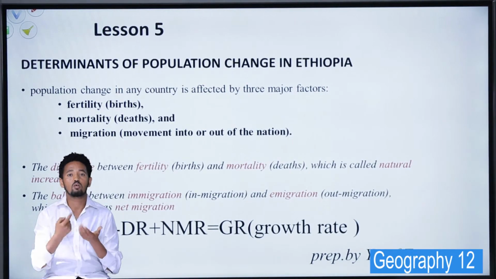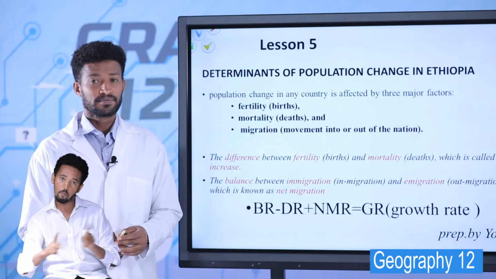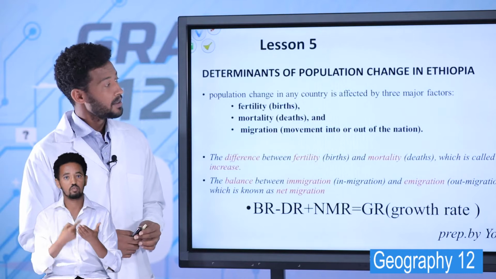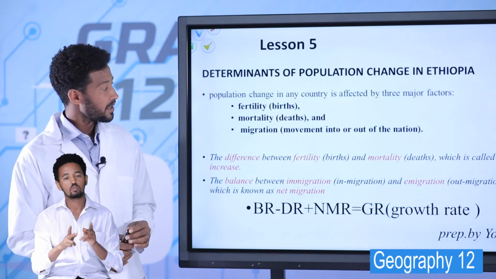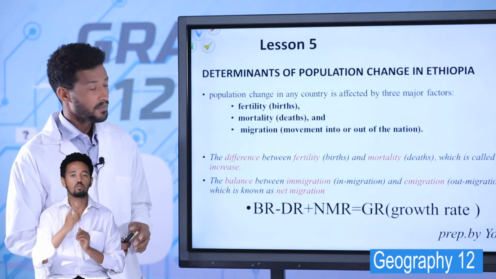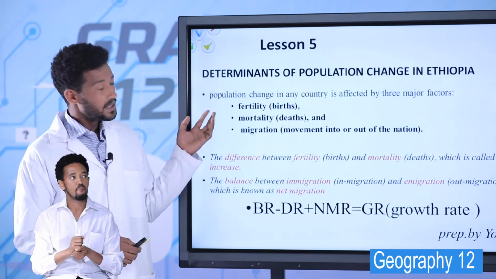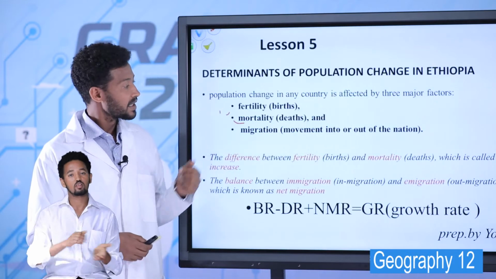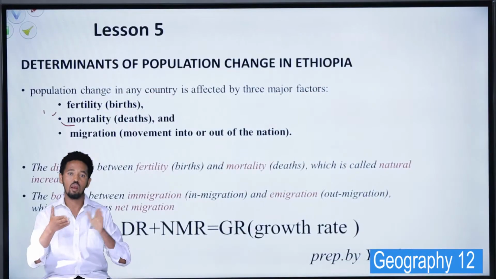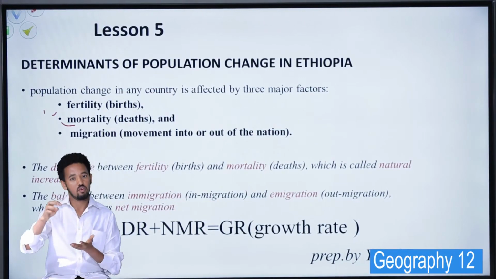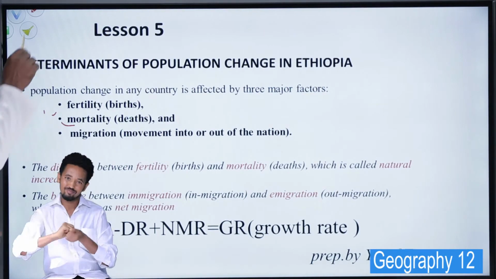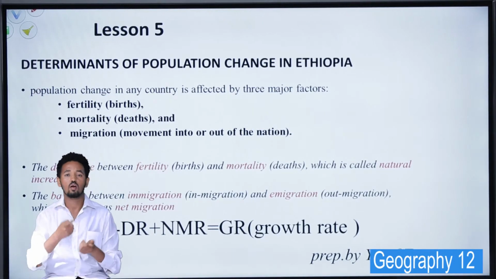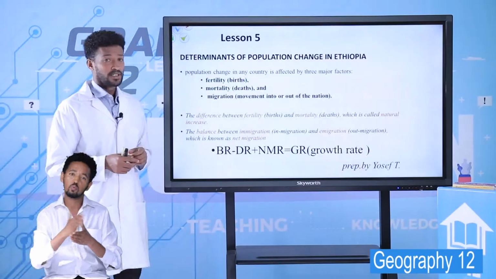How do these things change the population? Let's see these population determinants one by one. Fertility means simply births, and mortality means deaths. Migration is the movement of people from place to place. What changes happen between these three dynamics of population change?